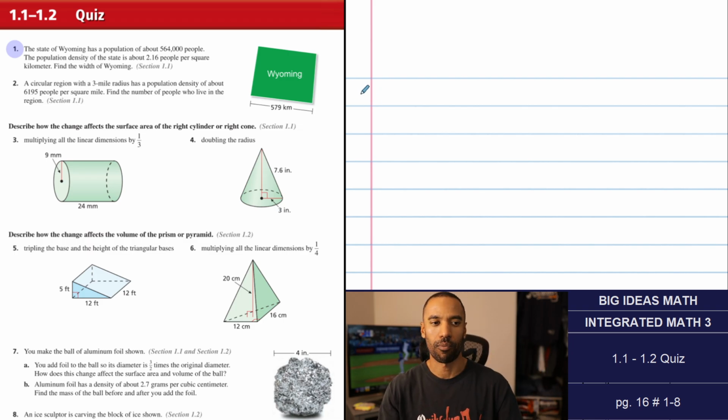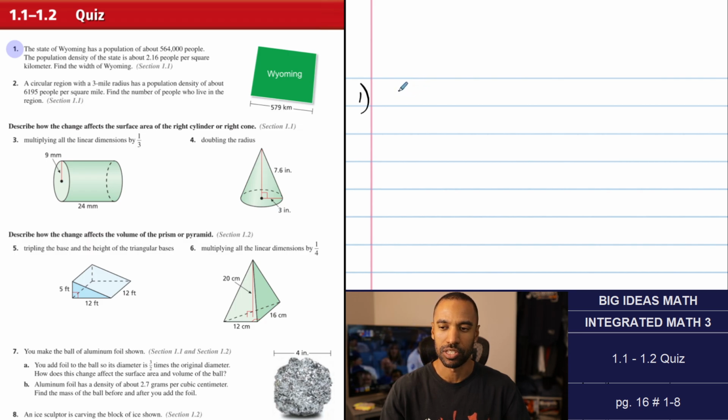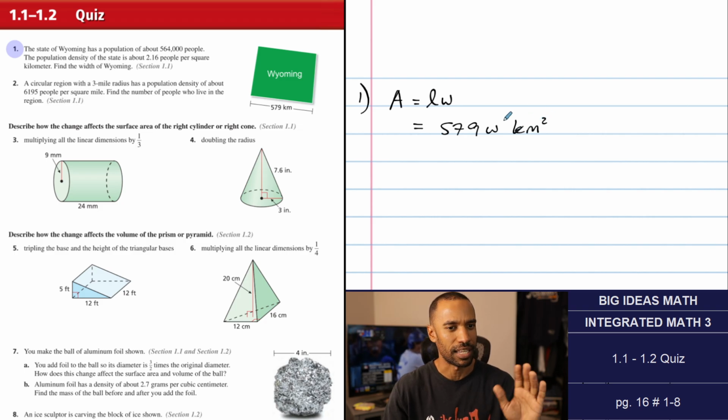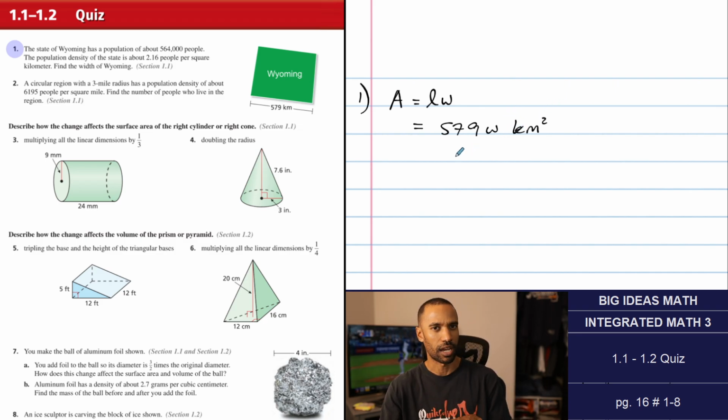So they're looking at Wyoming as basically a rectangular thing, and its length is given. So if area is length times width, we have 579 kilometers times width, in square kilometers. Let's make sure our density is in square kilometers, which is good. We always have to check on those things as well.